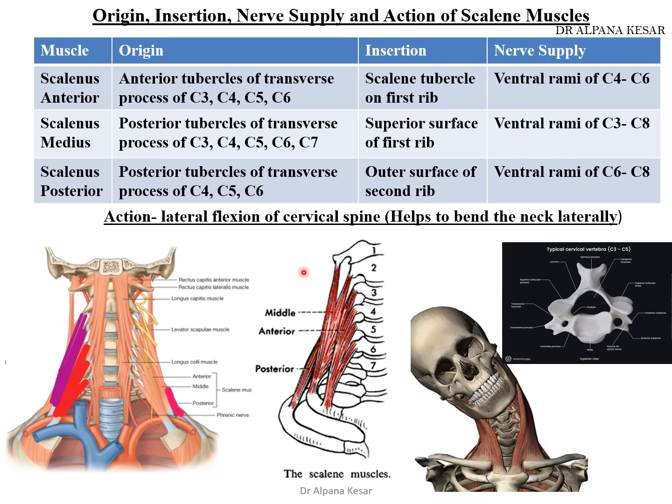The action of scalene muscles, that is all the three scalene muscles together, helps in the lateral flexion of cervical spine. That is, it helps to bend the neck laterally on right and left sides.